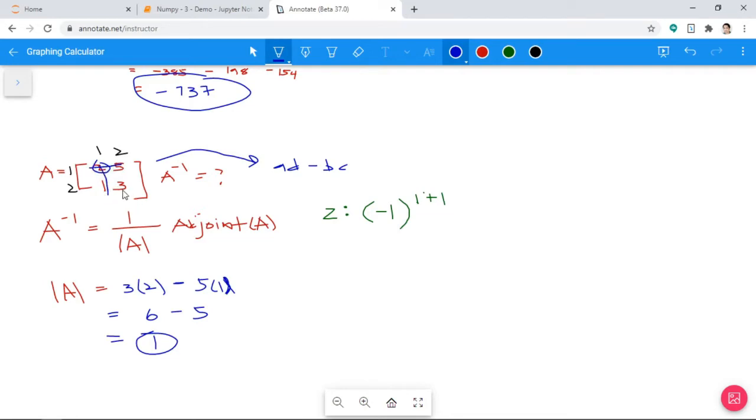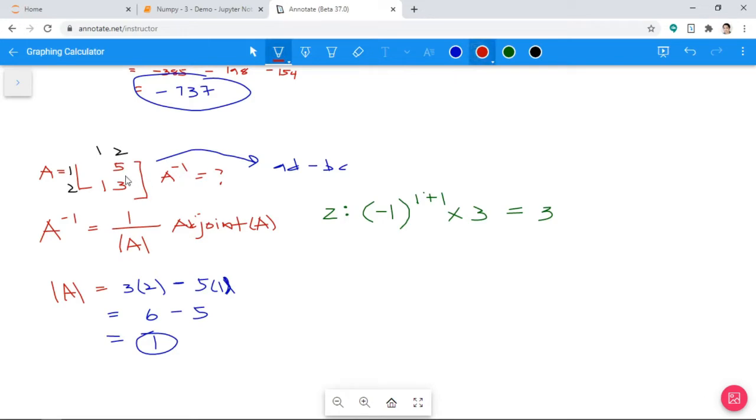This will be 3. So negative 1 squared is positive 1, times 3. So this one will be the 3 here. Okay, next one. Let me erase this first.